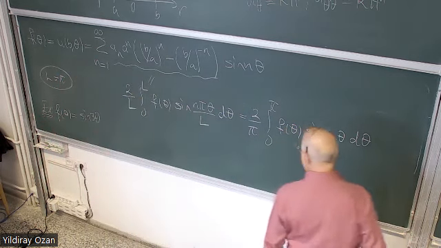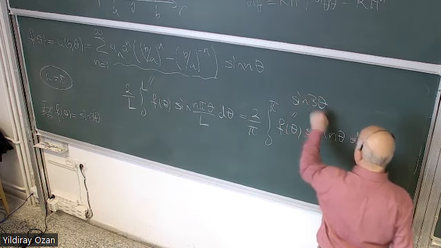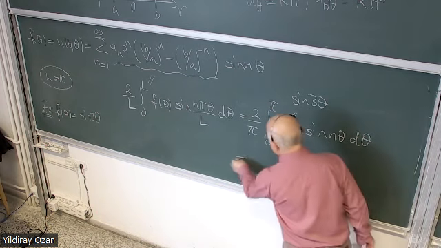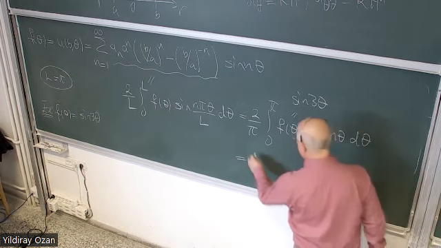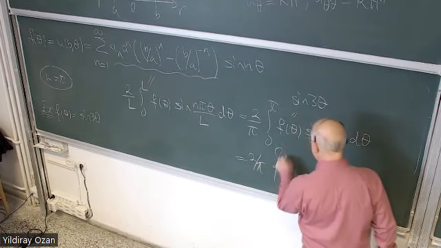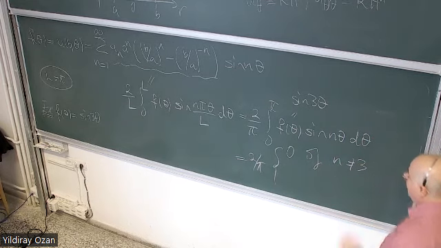O zaman ne olurdu? So this is sin 3 theta, let's say. So this is just 0 unless n is 3. So this is 2 over pi times 0 if n is not 3, and if it is 3 then it is what?